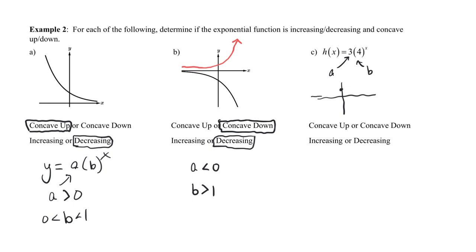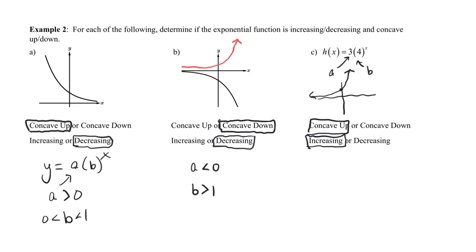I know that it has to be like that because it's positive, so it can't go into the negative part of my graph. And I know that my base is bigger than 1, so it's increasing the whole time. So now I can answer the questions of concave up and increasing because over the whole thing, I'm moving up.